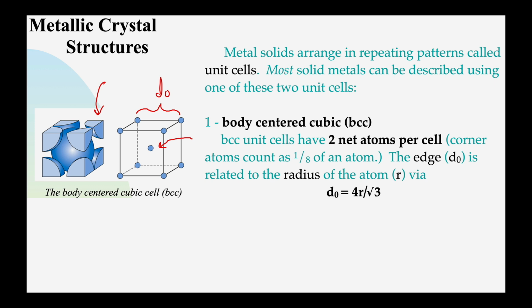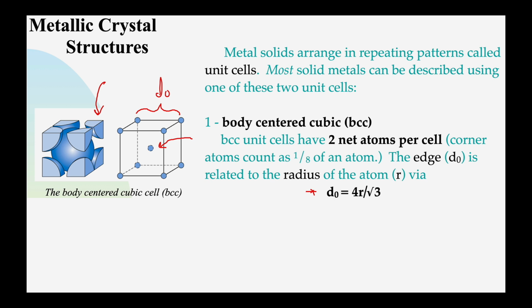The other part, like I said, is the way to go from the radius of the atom to the edge of the cell, or from the edge to the radius, either way. And this has to do with geometry. And in the actual lab, I'll demonstrate how you get these relationships. But for right now, just realize that for BCC, the edge, D0, equals 4 times the radius divided by the square root of 3.